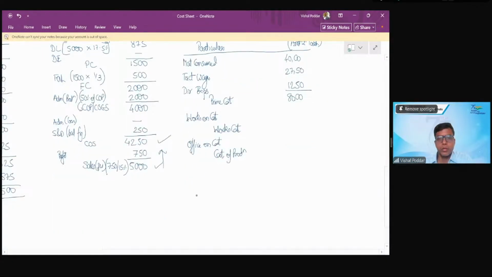In office on cost, that is administration overheads, it's not there because you are already given administration, which is related to production. And then they have used a term, if I'm not wrong, selling on cost or selling and distribution overheads.